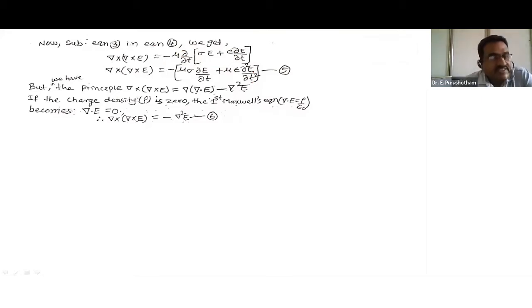Curl of E is equal to minus of mu sigma dou E by dou t plus mu epsilon dou square E by dou t square. That is equation number 5.